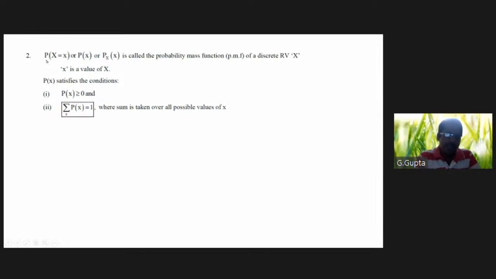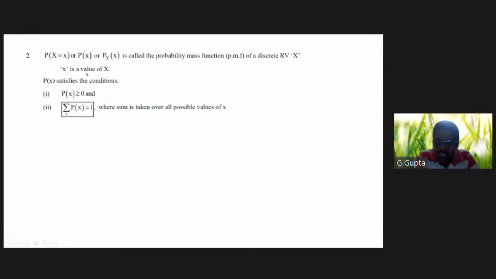P of X, some people denote by P of capital X is equal to small x, or P suffix capital X of small x. Here capital X is a random variable. Its values are denoted by small x, small x1, small x2, etc. This is called the probability mass function. But some people simply call it probability function. To overcome the confusion between the 2 types, we are using probability mass function for discrete random variable, whose notation is P of x. x is a value of X.